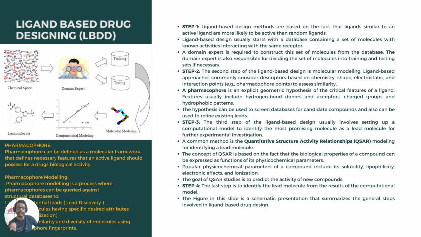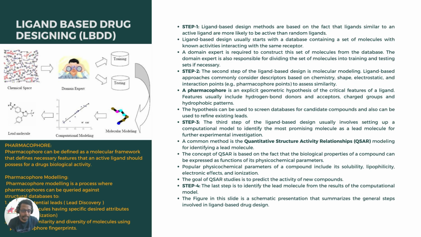Based on this pharmacophore, molecular modeling is generally done, and if you do molecular modeling based on the pharmacophore, that is called pharmacophore modeling. So in the second step, we identify the active site or active pharmacophore, and it will be modeled based on efficacies, chemistry and shapes.